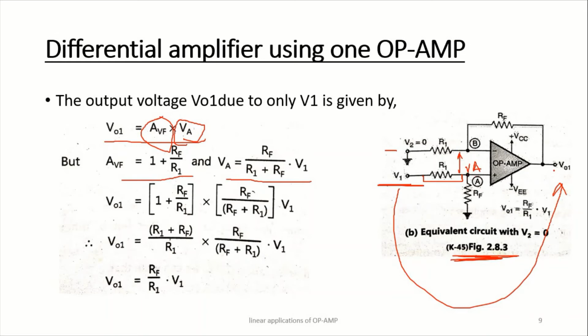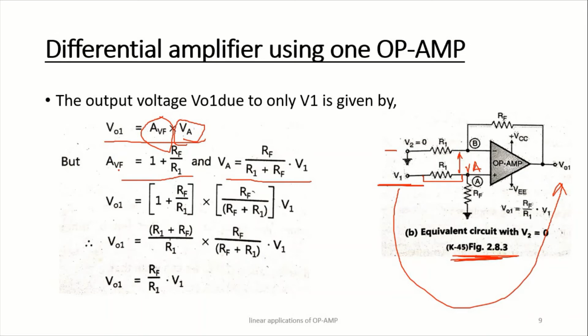Therefore V01 is written as AVF into VA, where AVF is 1 plus RF by R1. The non-inverting amplifier gain is 1 plus RF by R1, and VA by the voltage divider rule is RF upon R1 plus RF into this voltage V1.